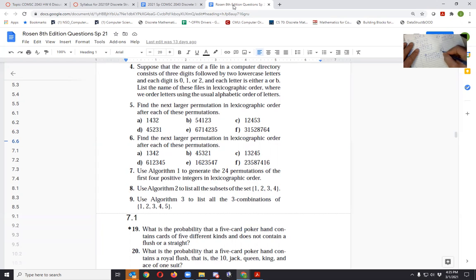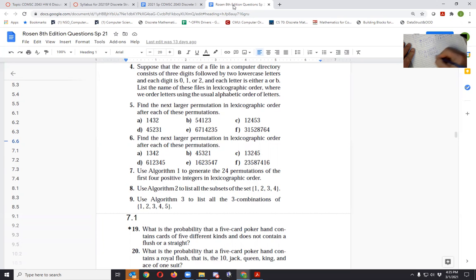And let's do D while we're here. It's going to be 6, 1, 2, 3, 4, 5. 6, 1, 2, 3, 5, 4. Just switch the last two. E. E looks like 1, 6, 2, 3, 5, 4, 7. 1, 6, 2, 3, 5, 7, 4.